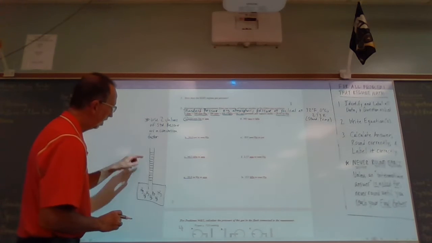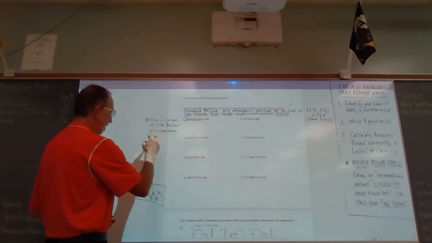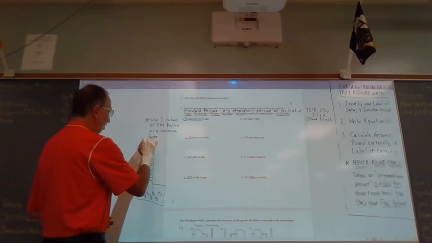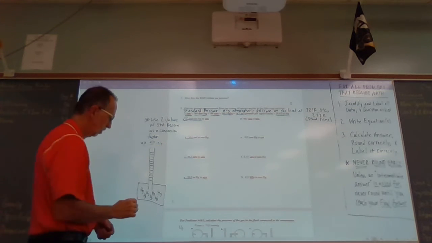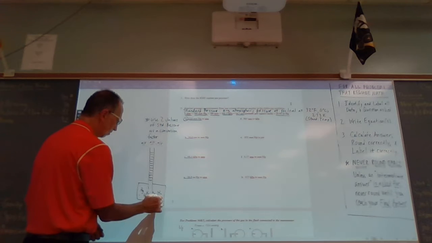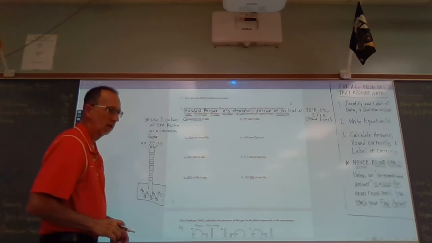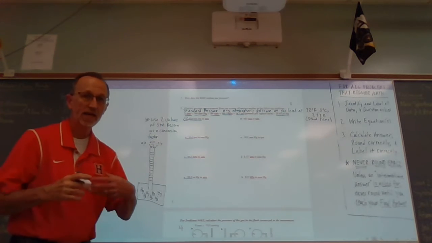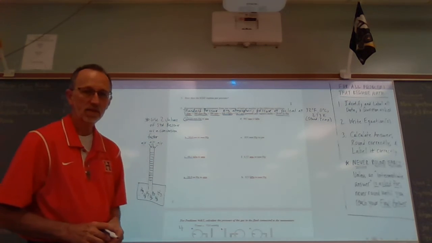This is open on this end, so air particles are flying all around out here. We have mercury particles in here, flying into this tube, creating a pressure pushing down.